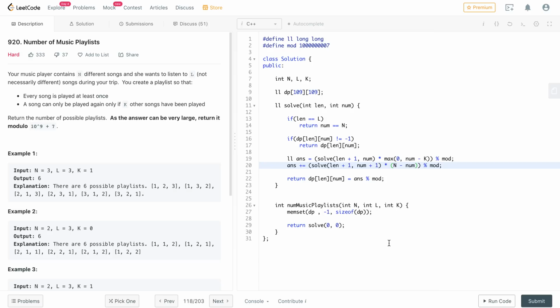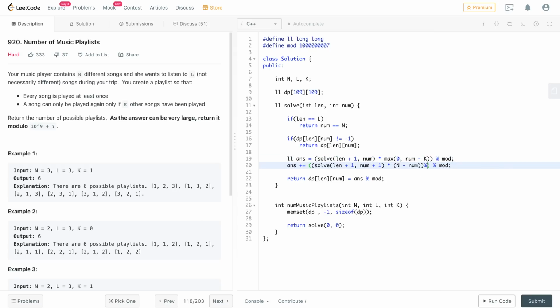Also I think I should take mod of all of them. It's better to be safe than sorry, and let me also take mod of this. Here I didn't need this, because I am using the plus as well, so I would first take the mod of the multiplication, then I would take mod of all the values.